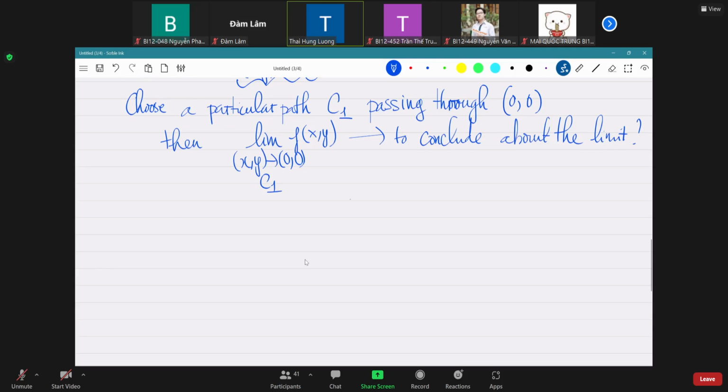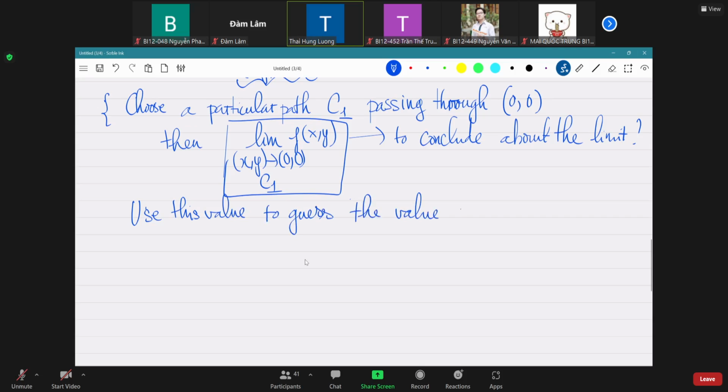However, you can do as follows. First step, you can choose a particular path C1 to find the value of the limit along the path, and use this value to guess the value of the limit of the function f when (x, y) tends to (0, 0) in general.